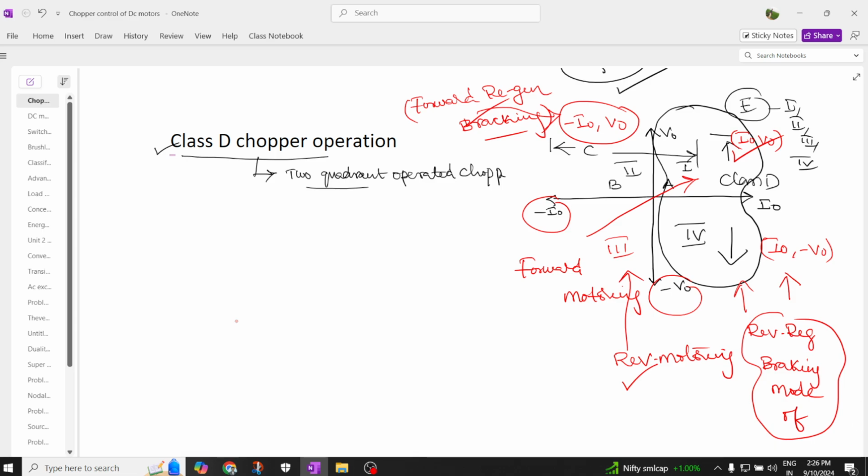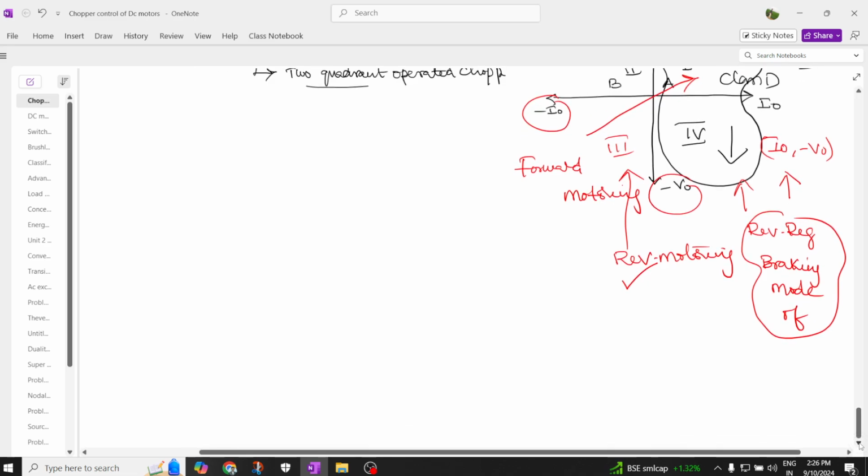Now let's try to draw the circuit diagram of a class D chopper and experience all the things one by one. So now let's come to the circuit.